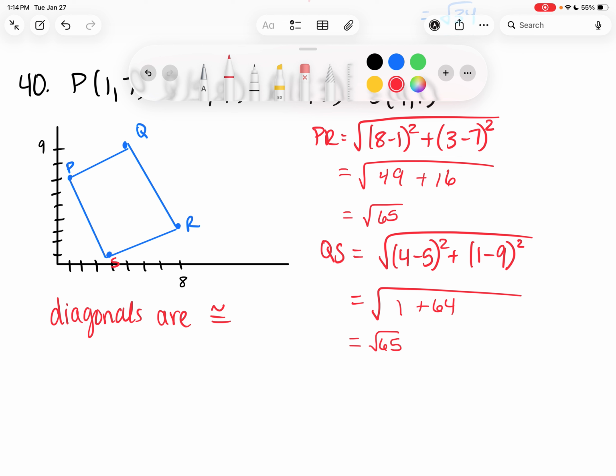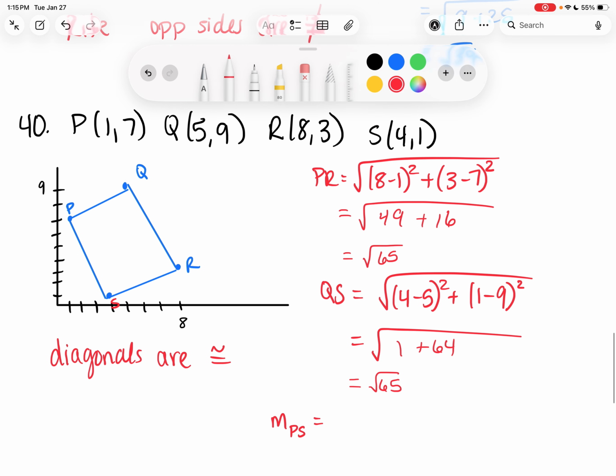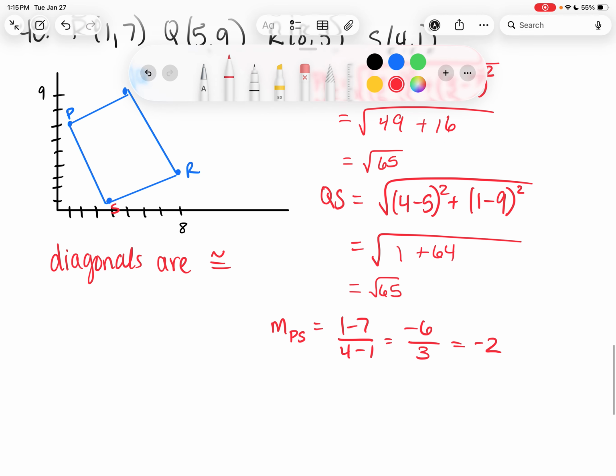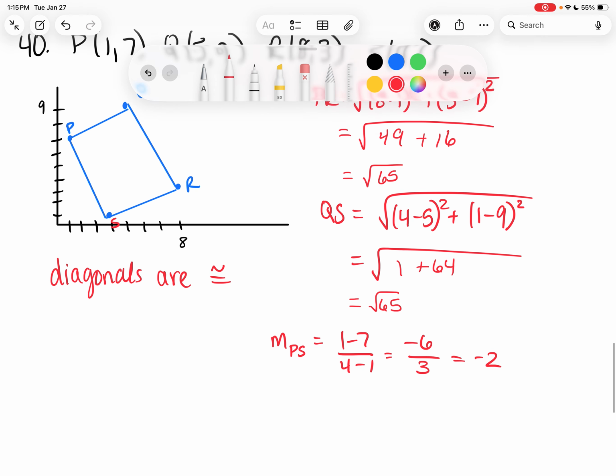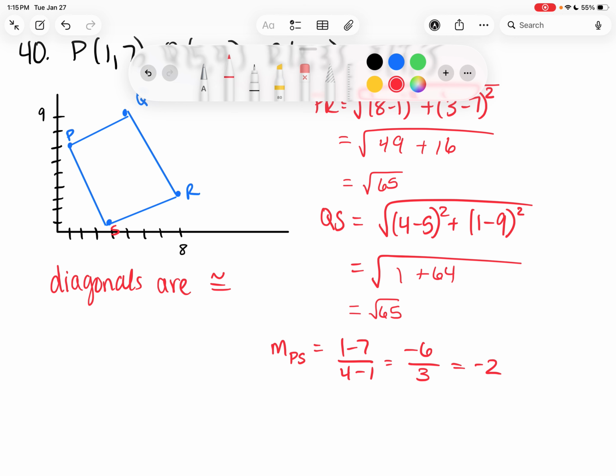So I'm going to find the slope of the sides. So the slope of PS is going to be 1 minus 7 over 4 minus 1. So that's negative 6 over positive 3, which is negative 2. And then, let's see, opposite sides in theory would be parallel, so I'm going to do QR next.